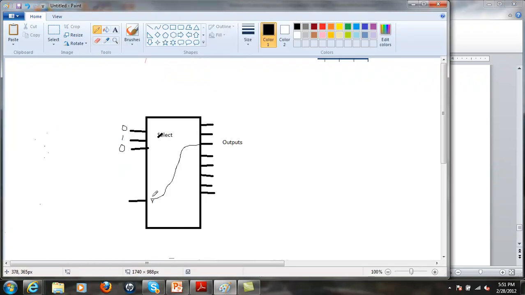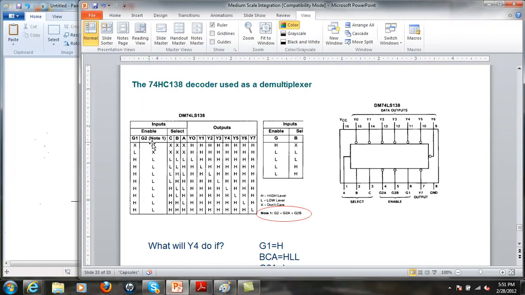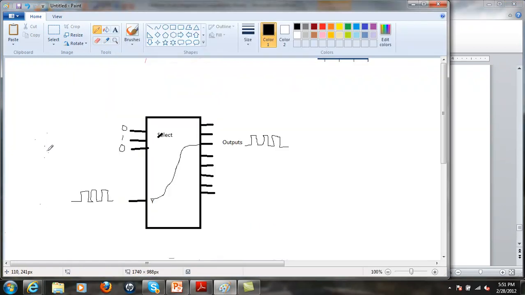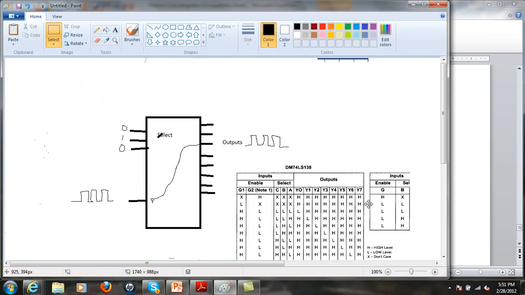So if I were to put, for example, a signal like this in here, this would come out. And really what I'm doing is I'm using this enable pin G2 in order to, this is effectively my Y, this is going to be my Y input.